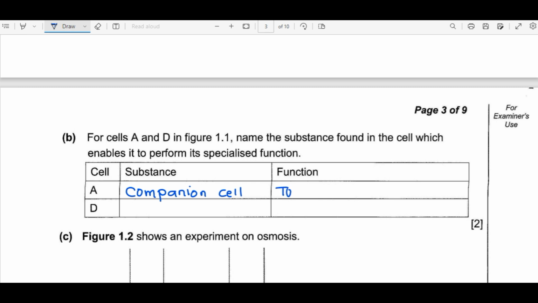Functioning to provide energy. Then for cell D, substance, we can say chloroplast. Then function, to trap sunlight needed for the process of photosynthesis.